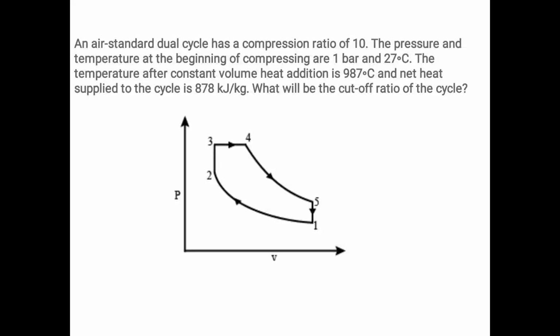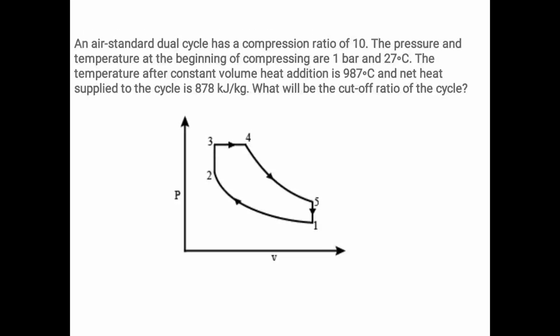So first of all, read the problem. First, the compression ratio, that is the rc value, equals 10. Then the pressure and temperature at the beginning of compression are the P1 value and T1 value. P1 equals 1 bar and T1 equals 27 degrees centigrade, so convert it into Kelvin.